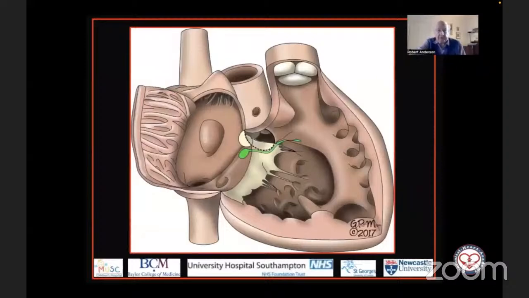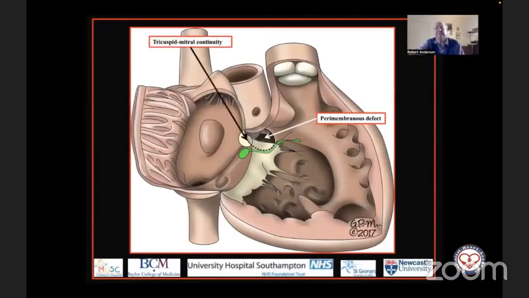If you look at a picture we've drawn of a perimembranous ventricular septal defect, I hope you can immediately recognize the similarity between this arrangement in the congenitally malformed heart and what we were looking at during development in the murine heart. Because there is the aorto-right ventricular communication, but now we call it a perimembranous defect.